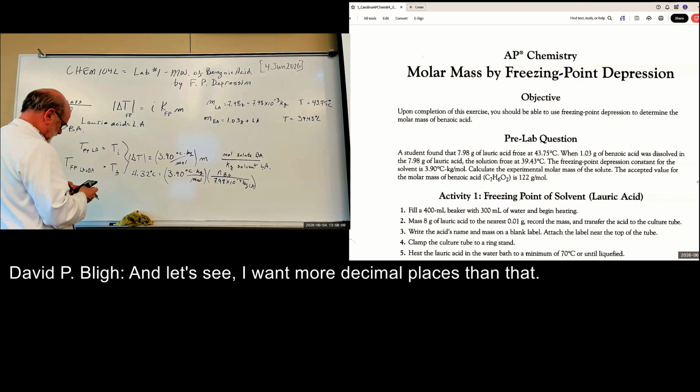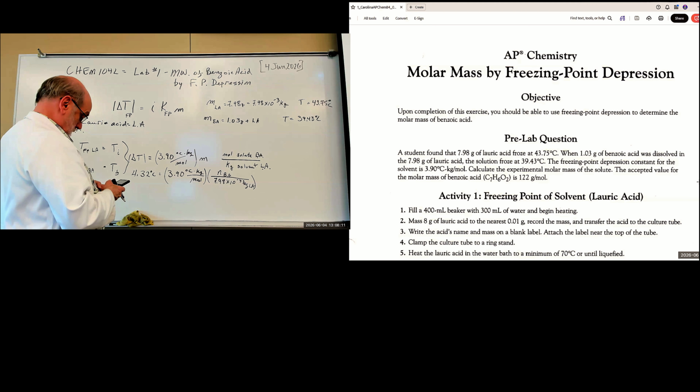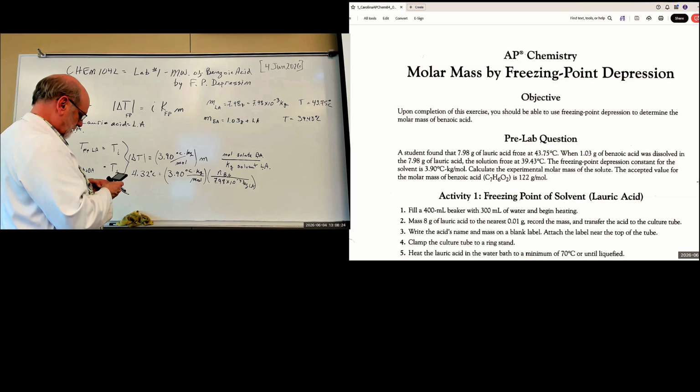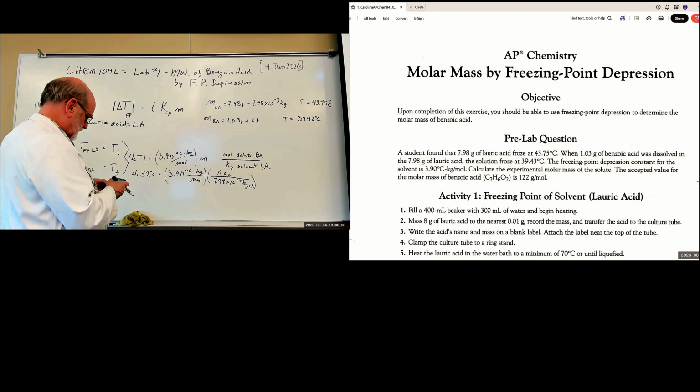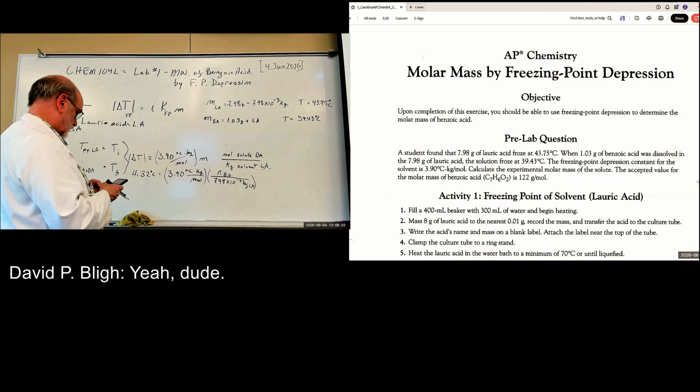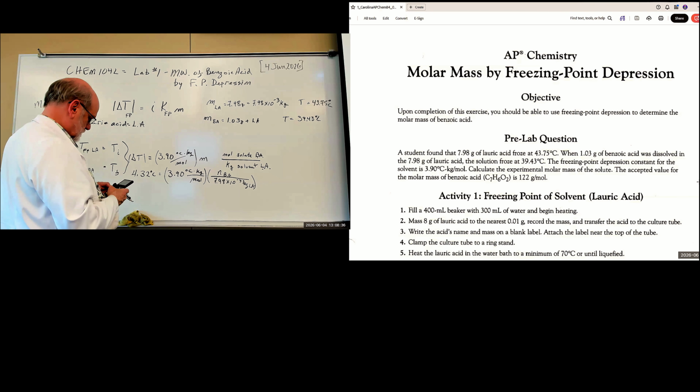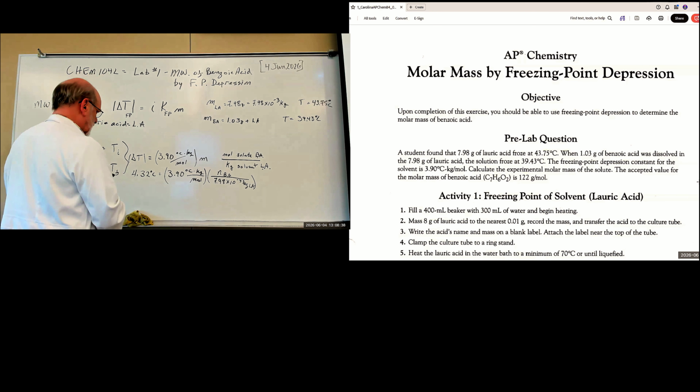And let's see, I want more decimal places than that. Here it is, display. Let's do scientific and do 6 decimal places. There we go.